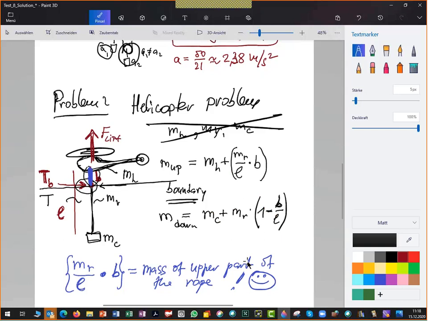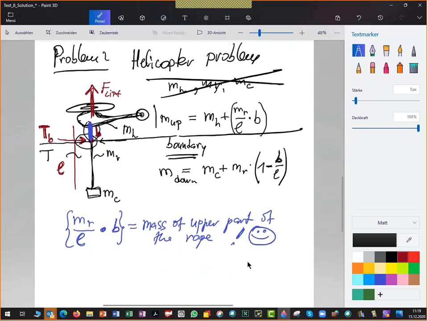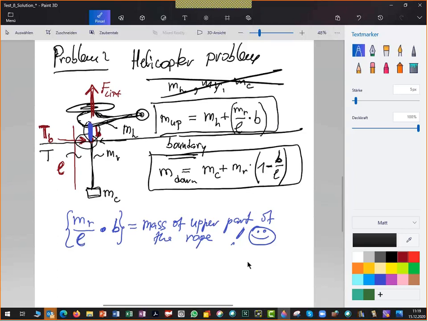That was the most critical, most important step, and I wanted to teach you to do this because the rest is easy. The rest is very simple. We defined now two masses here, and after we've done this, the rest is exactly the same as we've done before. That means now we just proceed as usual. We will define forces that are acting on our masses, and we will solve it in a usual way.